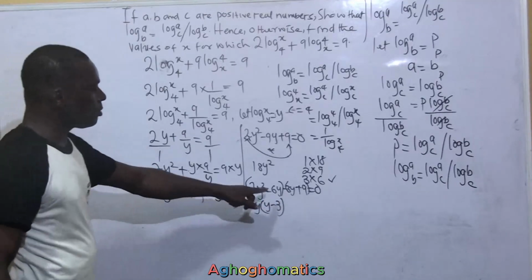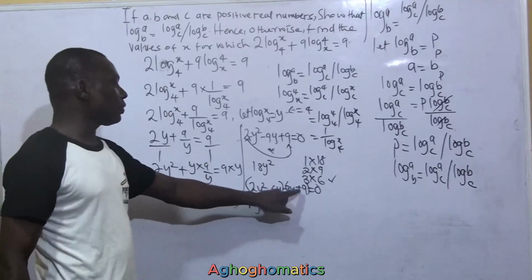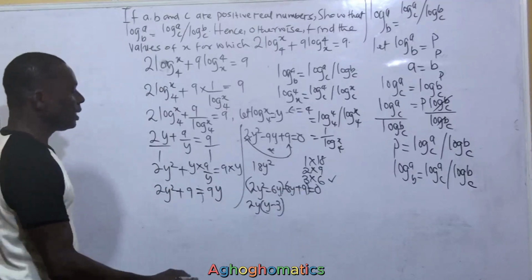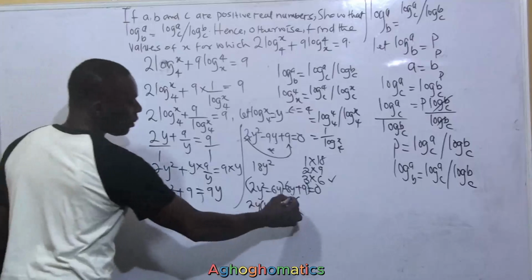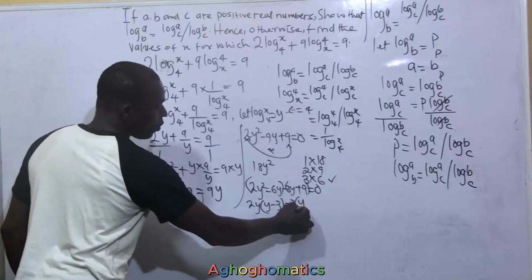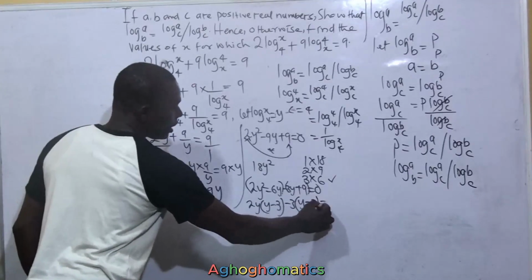In the other group, minus 3y plus 9, the common factor is negative 3. We factor it out, and what is left is y minus 3, equal to 0.